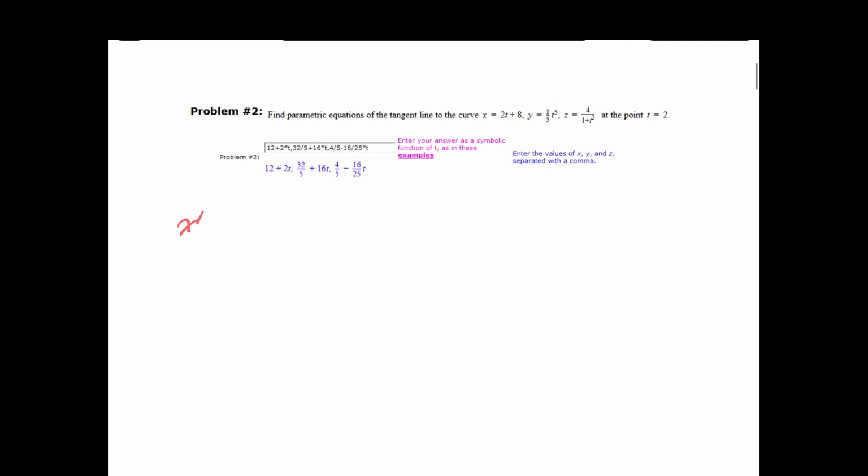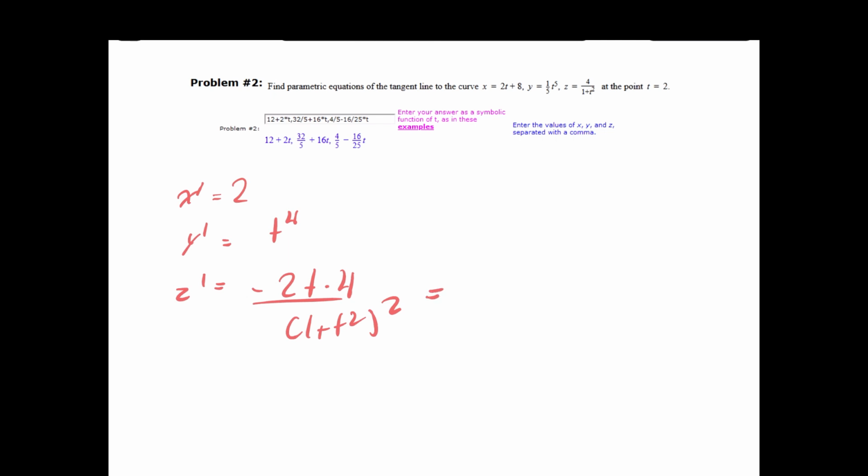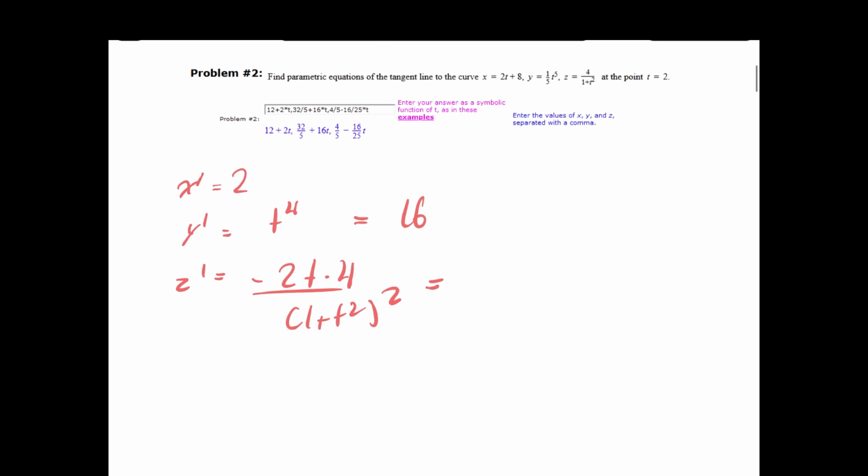And with that, we'll get x prime equals 2, y prime equals t to the 4, z prime equals negative t squared times 4 over 1 plus t squared over 2. Now when we evaluate each of them at 2, we're going to get 16. This one, the x is just fine, and we're going to get negative 16 over 25 here.